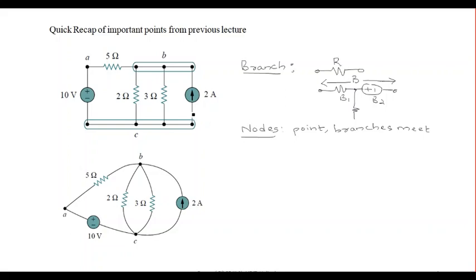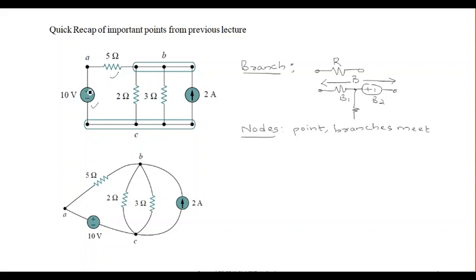So now coming to the nodes, I would like to take this circuit as an example to recap the nodes. As we know, it is a point where branches meet. Here we have this 10 volt element and 5 ohm resistor.